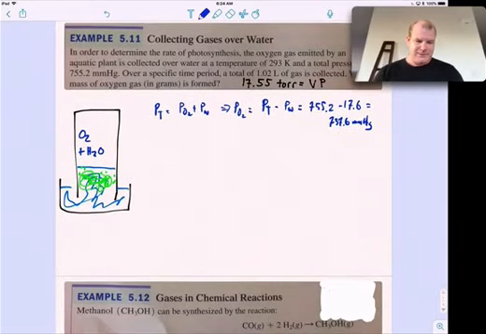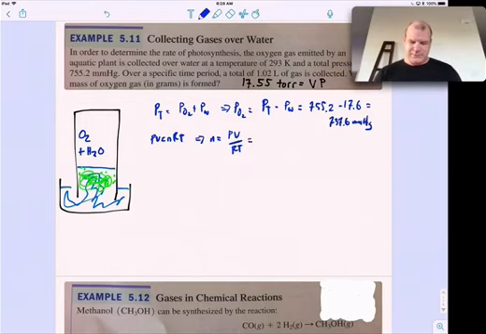Okay, so then we need the mass of oxygen, total pressure, the temperature. So we need moles. PV equals nRT, which implies n equals PV over RT. And then we take the number of moles multiplied by 32 grams per mole for oxygen.